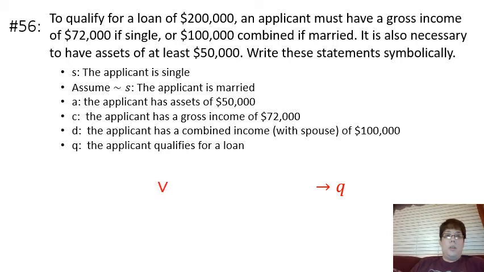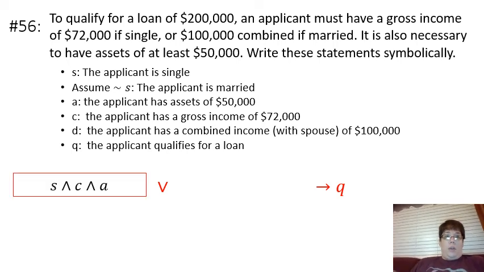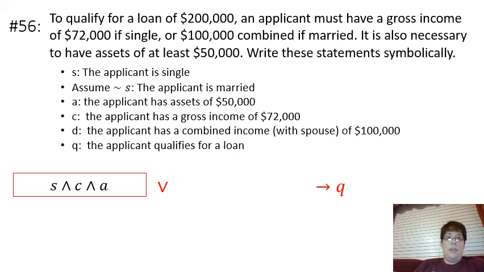All right, so let's take a look at the single people first. I have S, single, and then I have C and A. Now let's see how that works out. If you are single, in order to qualify for the loan, you have to be single, you have to have C, a gross income of 72,000.